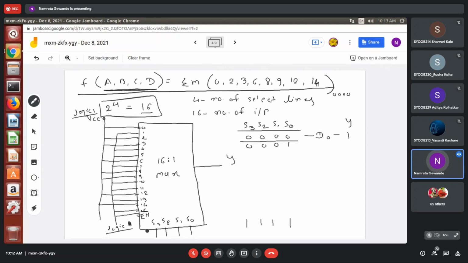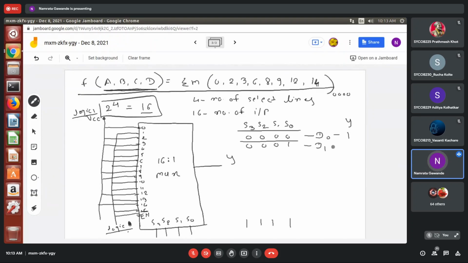If another select line represents this combination 0, 0, 0, 1, here you can see D1 is connected to logic 0. So this particular input D1 will be applied to the output. That input will be passed on as the output.